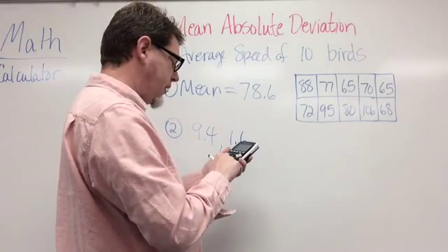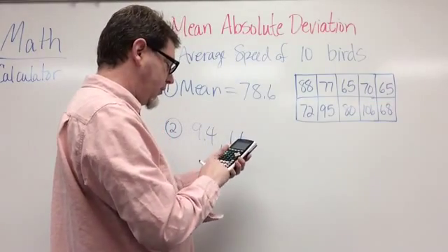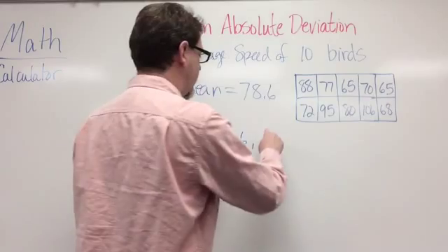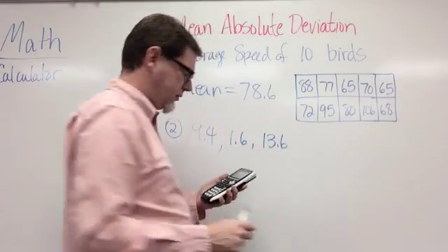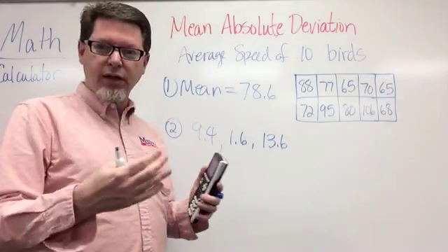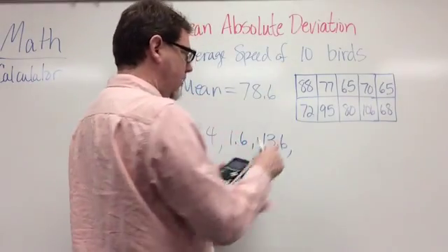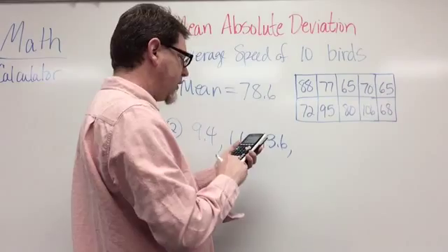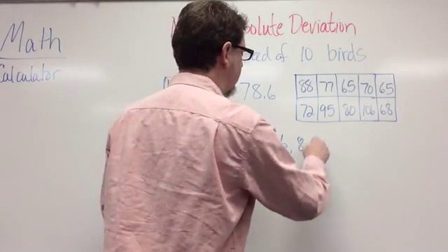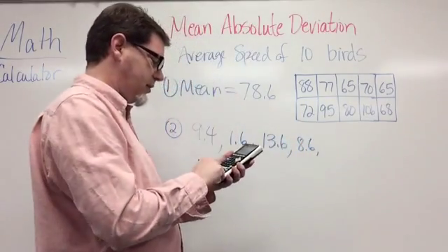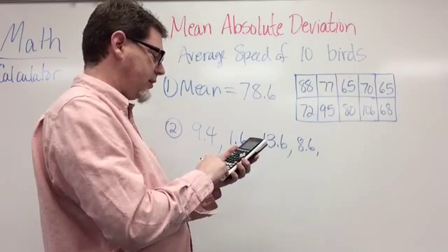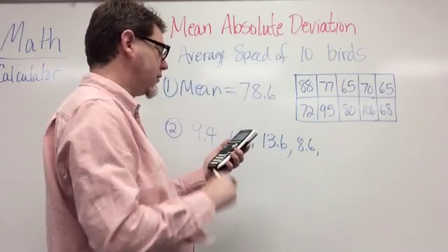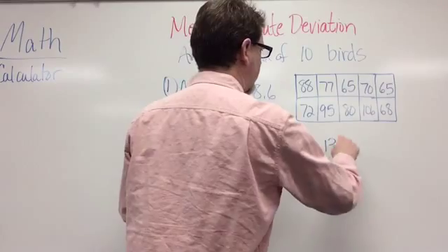And then 65 minus 78.6 is 13.6. It's actually negative 13.6, but I change it to positive. And then 70 minus 78.6 is 8.6. And then 65 minus 78.6, and I get another 13.6.